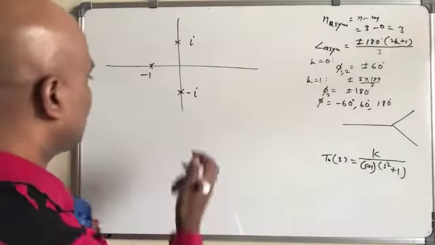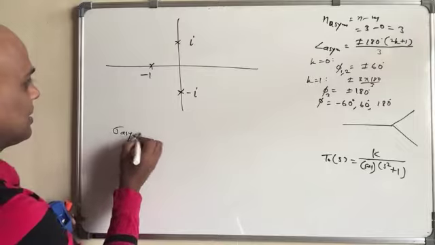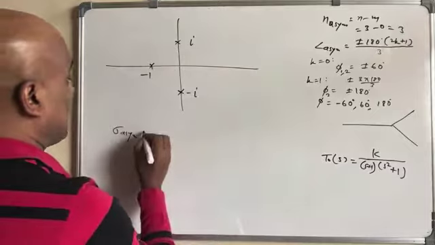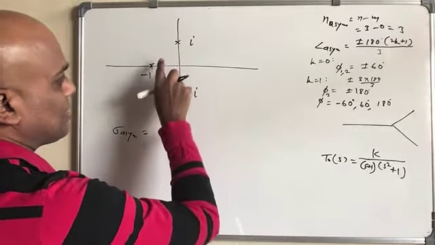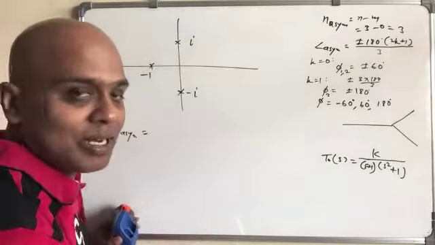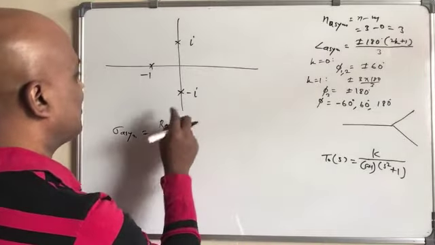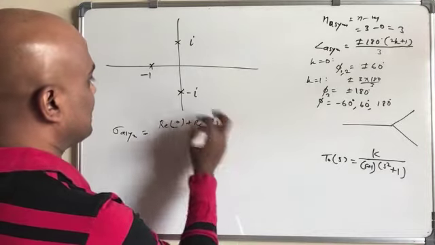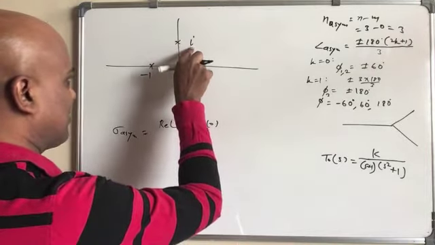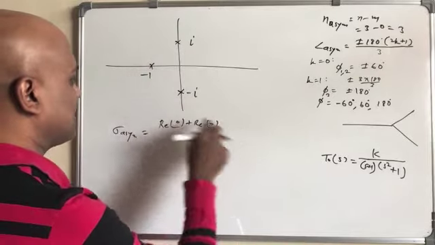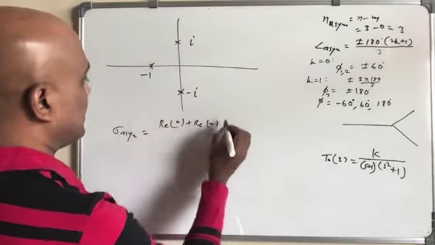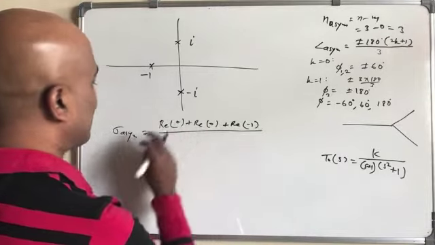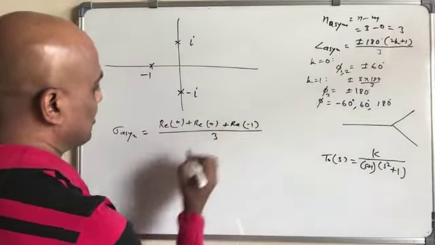So we can find out sigma asymptote is equal to simply, there are no zeros here, so we get real of 0 here plus real of I is 0, real of minus I is also 0, and then real of minus 1 is minus 1, divided by n minus m equal to 3.